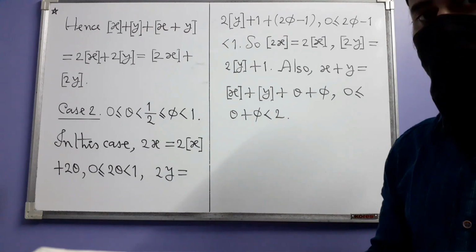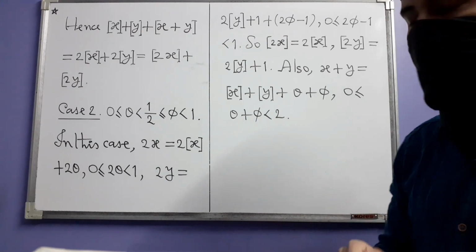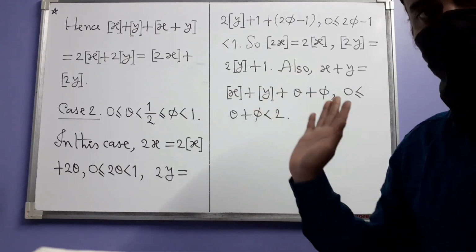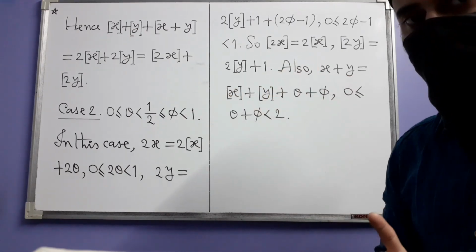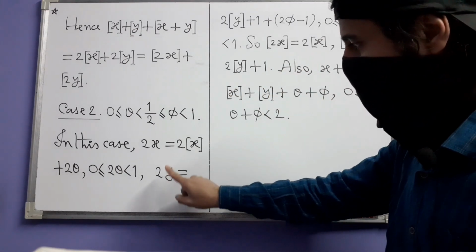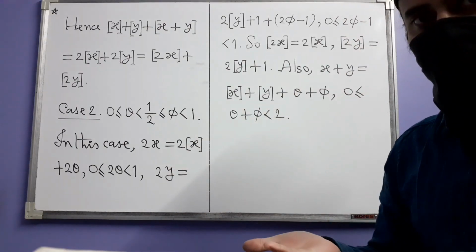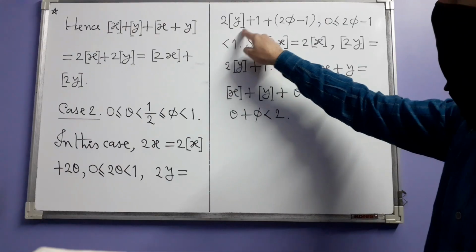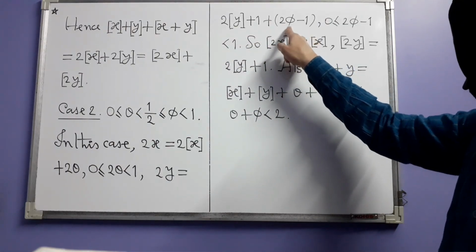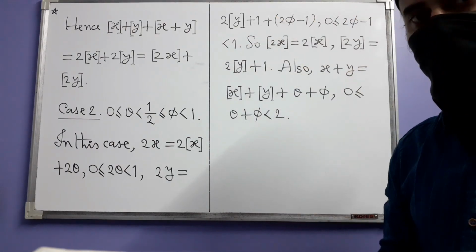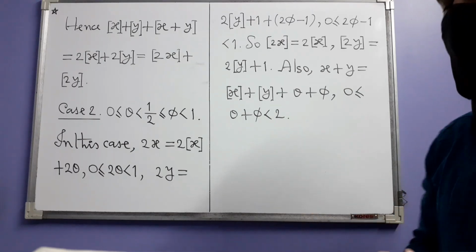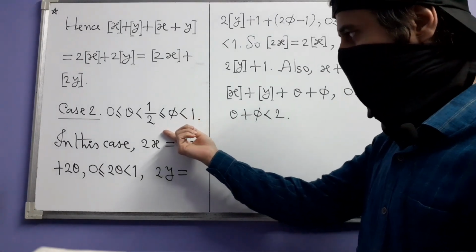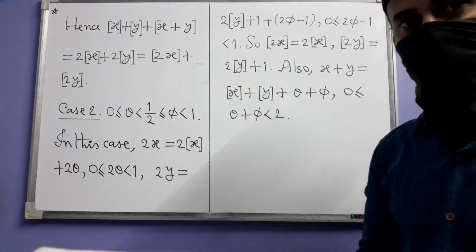However, what do we do with y? Now something has to change. We still multiply the y equation on both sides by 2, but we do something else also. So just multiplying the equation by 2, we get as before 2y equals 2 box y plus 2 phi. But we add and subtract 1. Let's see what the effect is. Now, what are you going to get from these last two inequalities?